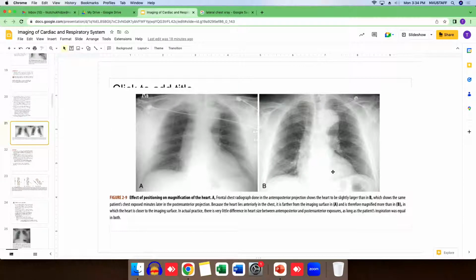So we can say on photo A there is more magnification and the heart is closer than on picture B. However, if everything is not taken by the standards, we might think that there is some kind of heart pathology. So it really matters how the radiologist takes it, and if there is any kind of technical problem.